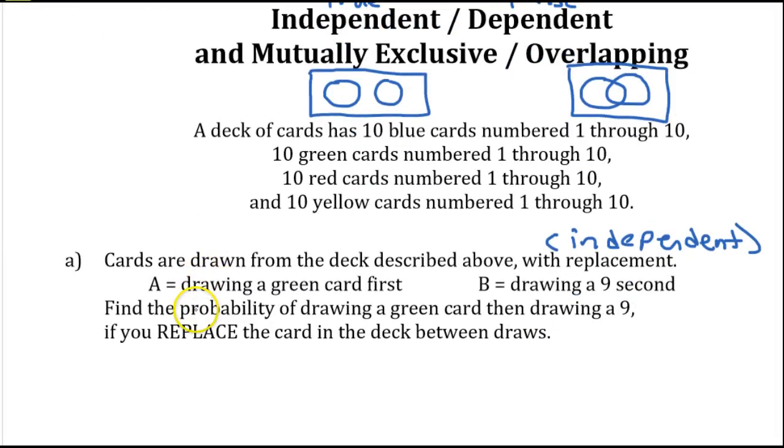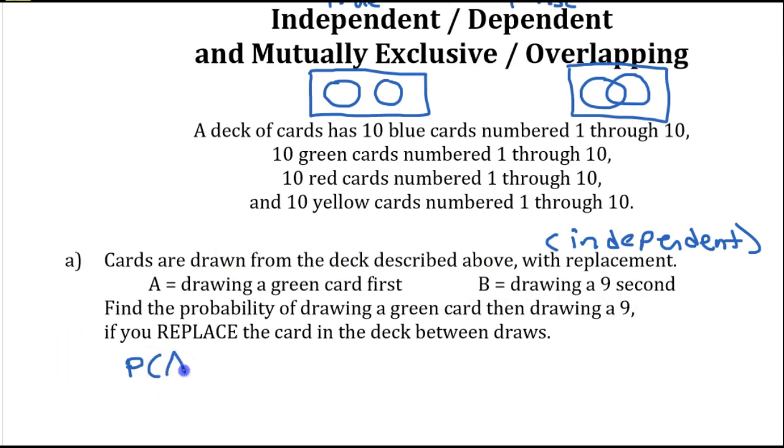So we're being asked to find the probability of drawing a green card and then drawing a 9. So that means the probability of green. Oh, okay, we're supposed to use A for green and B for drawing a 9. So my bad.